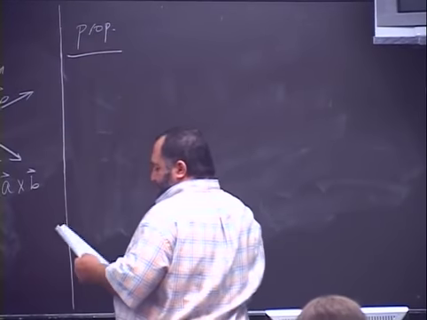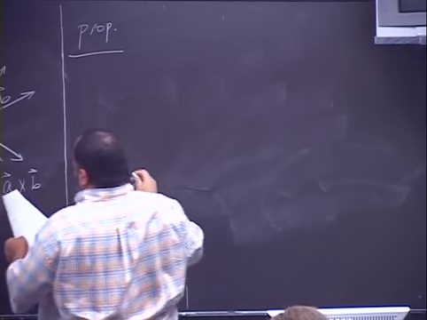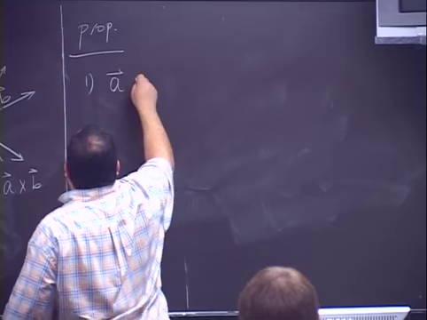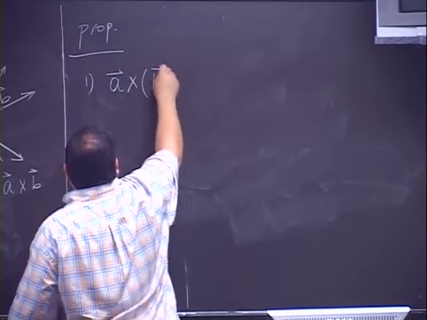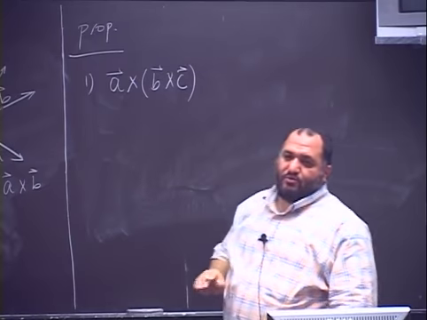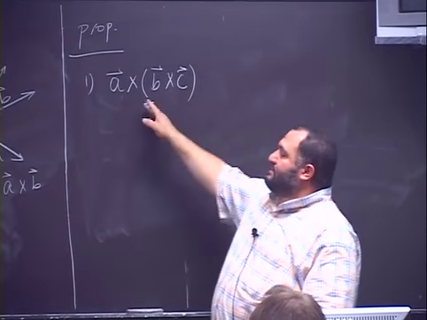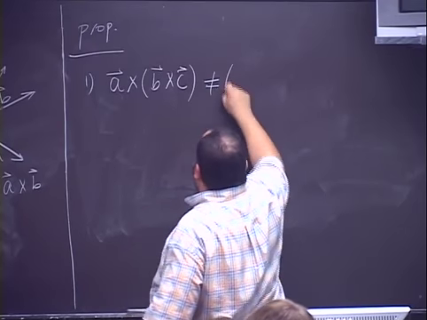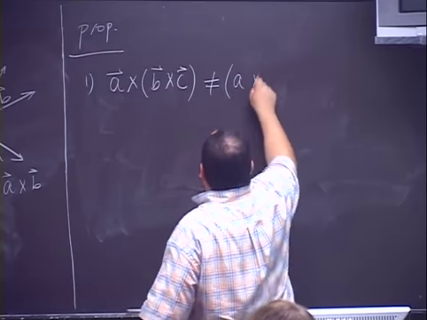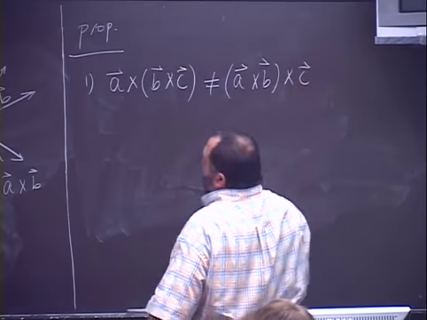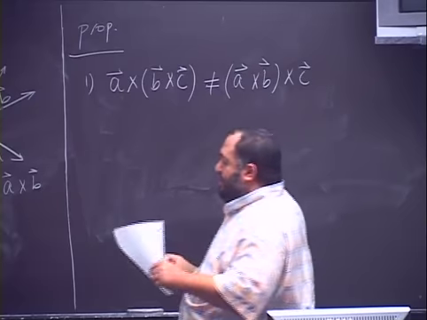The properties. A crossed with B cross C. And a lot of times people will usually commit mistakes in this one. This is not equal to A cross B, then cross with C. So they are non-associative.